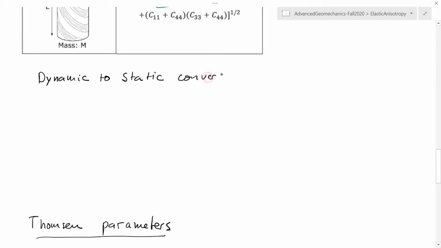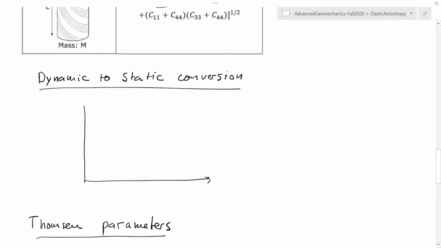And what we're going to have to do, in general, is relate a parameter Cij, which is static, to a parameter Cij, which is dynamic.